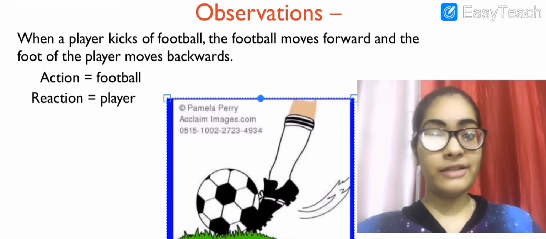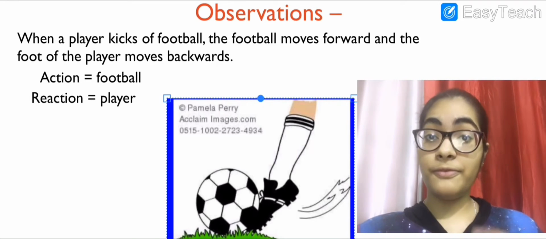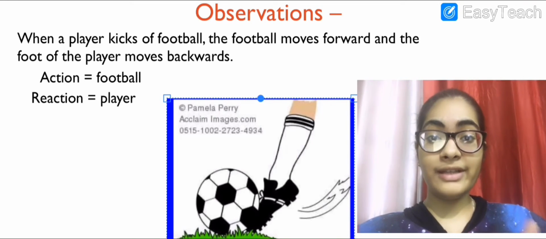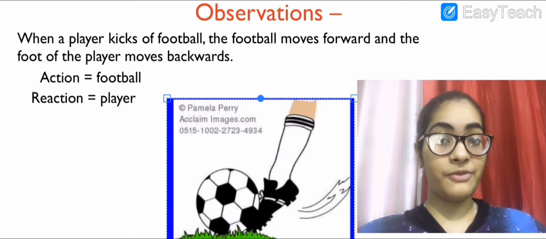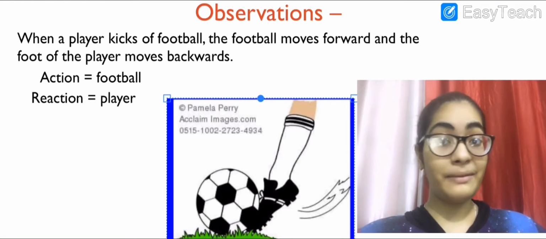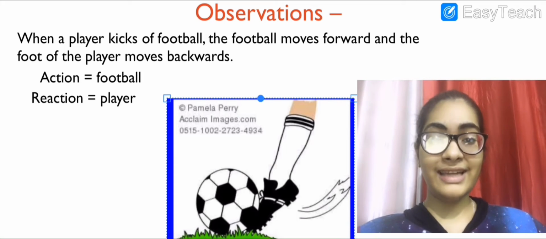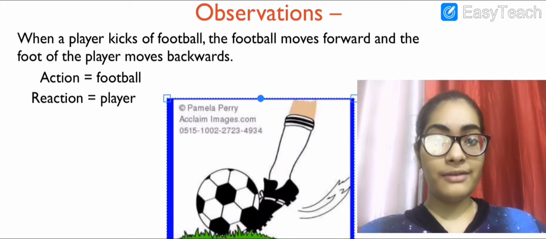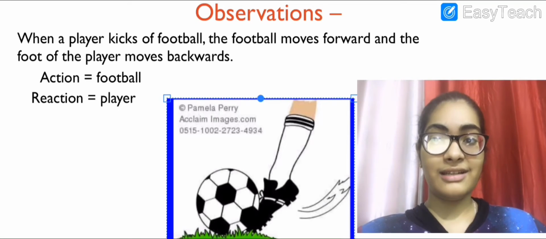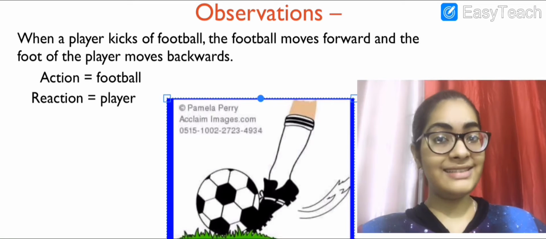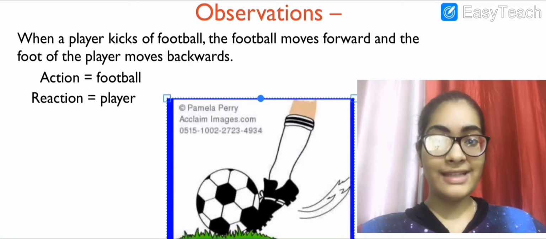When you kick the football forward, the football experiences a force, and you will also experience a force that pushes your leg backward, right? So you are doing an action on the football, that is action, and what the football is giving it back to you, that's reaction, right?